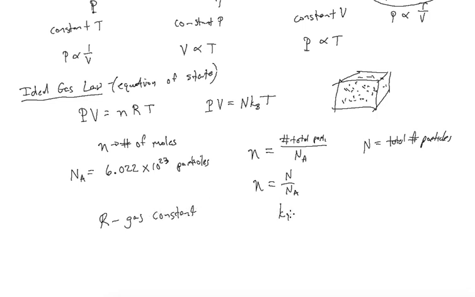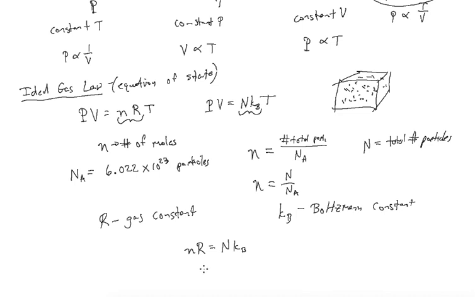And k_B is called the Boltzmann, I believe I'll spell this right, Boltzmann with 2 N's, is the Boltzmann constant. And they're both very much related and very interchangeable. And we can figure out how they're related just by doing this. Well, if P, V and T have to be the same, that means this little constant here has to equal this little constant here. And we've got that nR equals N k_B. So number of moles times R has to equal number of particles times k_B.